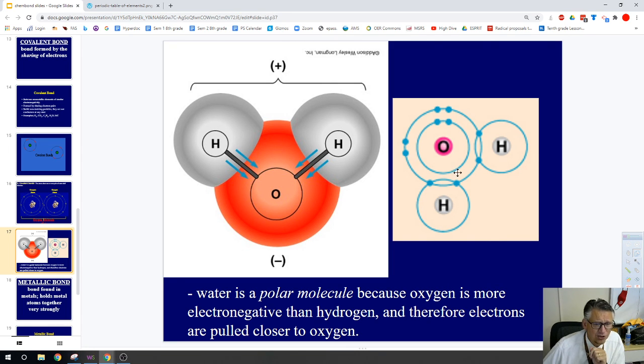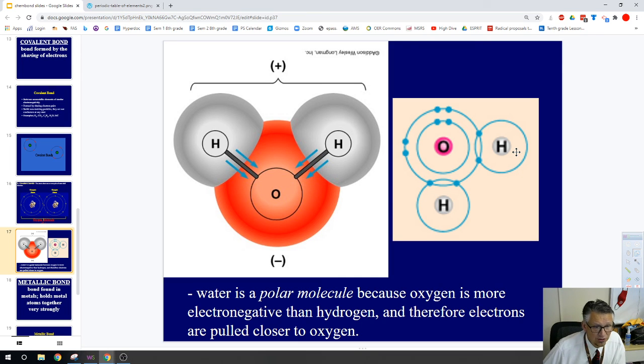And what makes this unique is that we have oxygen with a whole lot more protons, so the negative electrons are going to be attracted to the oxygen side, and that's going to make the head, or the oxygen side of water, negatively charged, and the ears of the water molecule positively charged, and that's what makes water sticky.